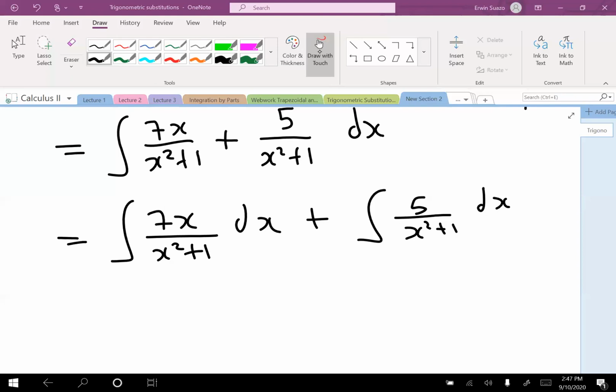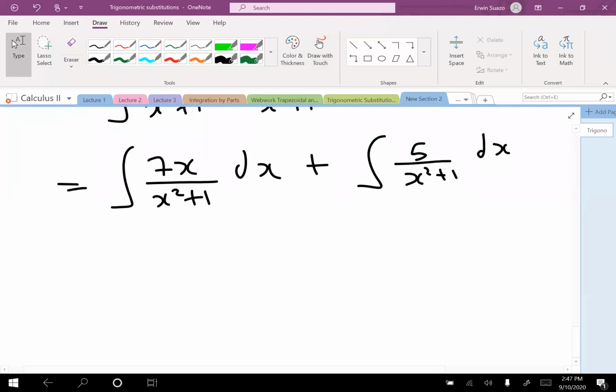Okay, so the people that chose the first integral, you're gonna help me. How do we solve this integral, 7x over x squared plus 1?